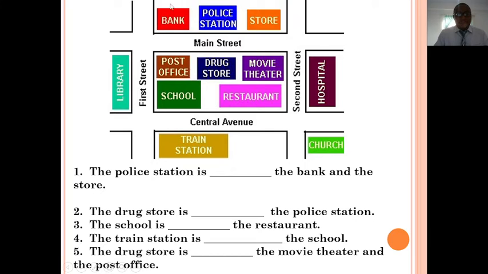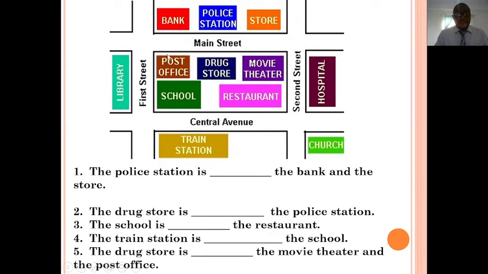On the map we have bank, police station, store. Then we have the main street. We have the library. Again, library. Now here we have the first street and the second street. Now here we have the post office.